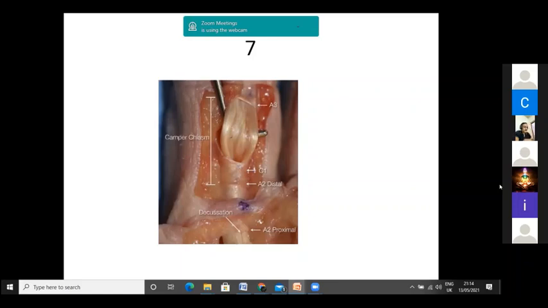Ijaz? It's FDS, sir. It allows the passage of FDP. Yes, the FDS actually makes a small perforation and it allows the passage of FDP.